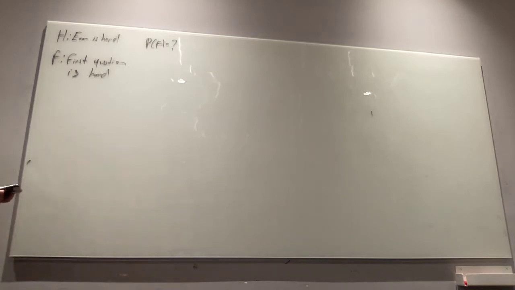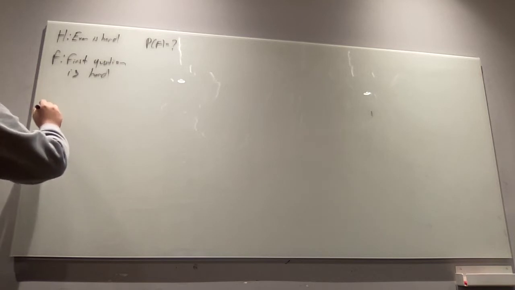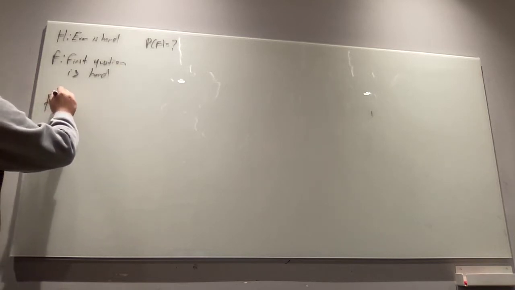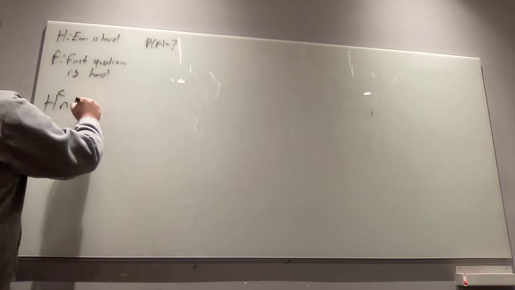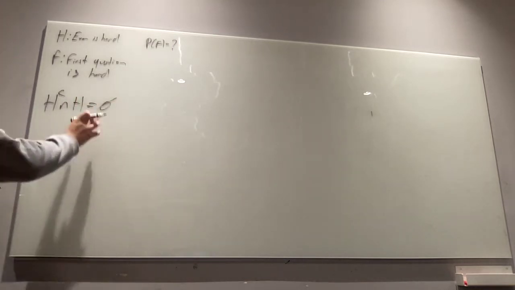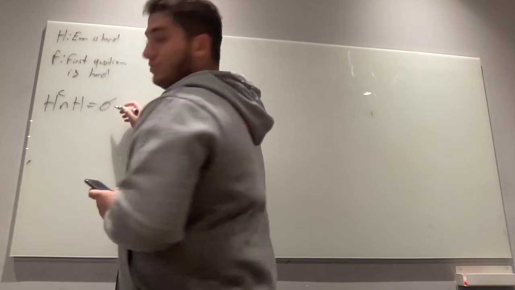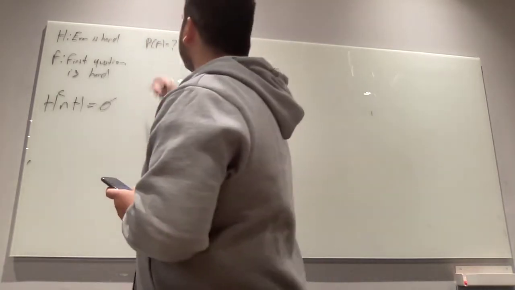I need to mention again, H is exam hard, H complement is exam is easy, and H complement and H constitute a partition, their intersection is the empty set. That's important to apply the law of total probability.